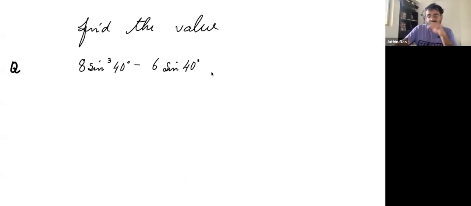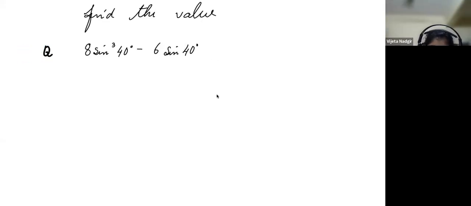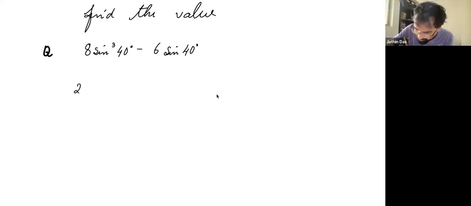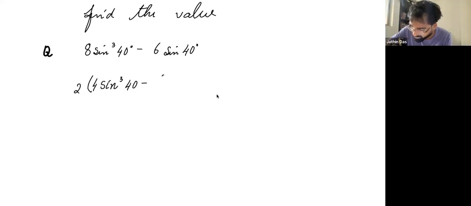First you do this. What did you do? You took 2 common? Okay. So you got sine cube 3 theta, sine cube theta minus 3 sine theta.